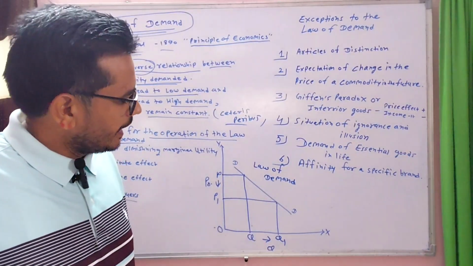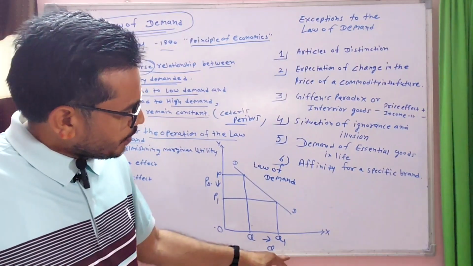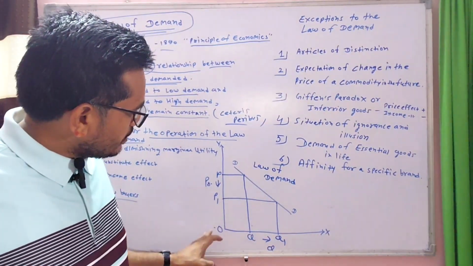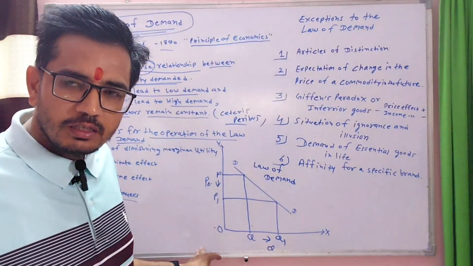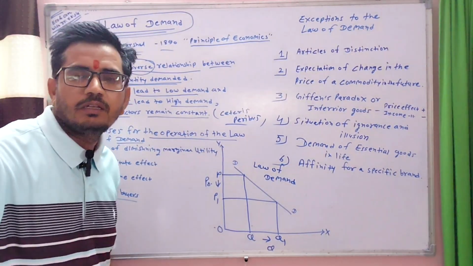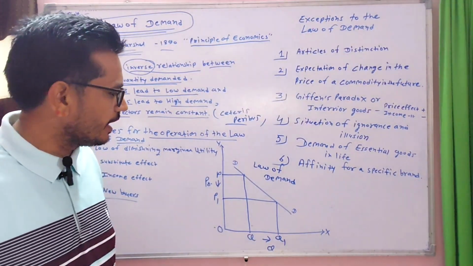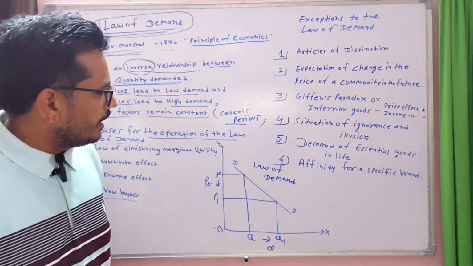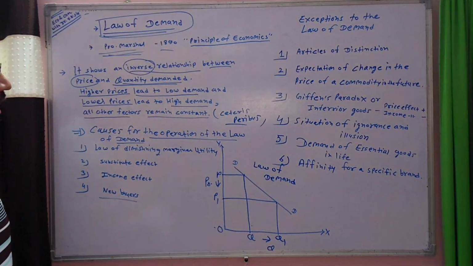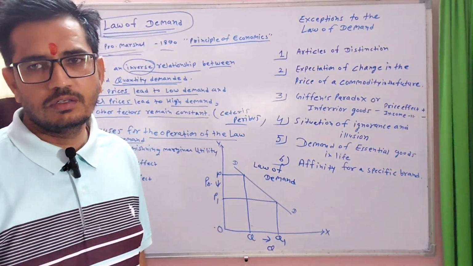We can explain it with quantity demanded on the OX axis and prices on the OY axis when we explain the law of demand. So you can do it like this. And at the last of this topic, I want to talk about exceptions to the law of demand.